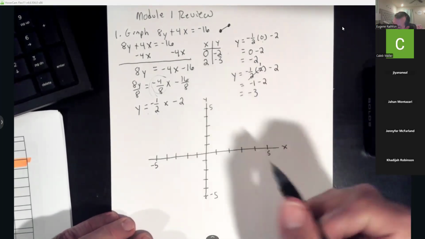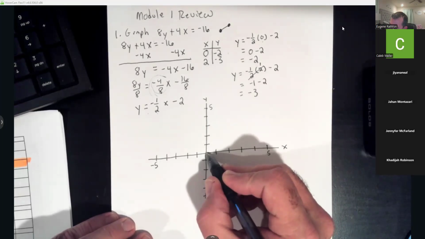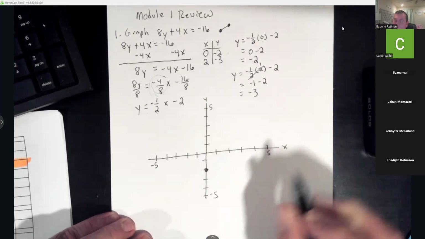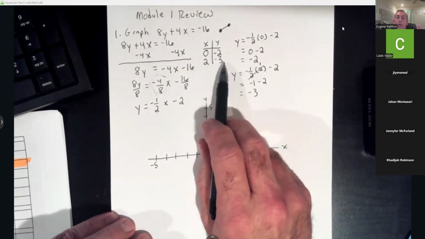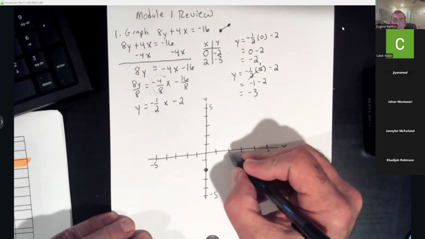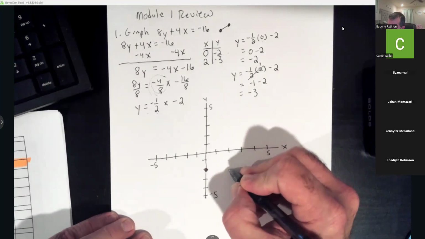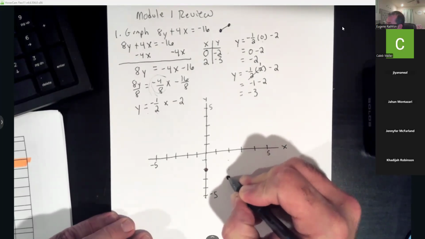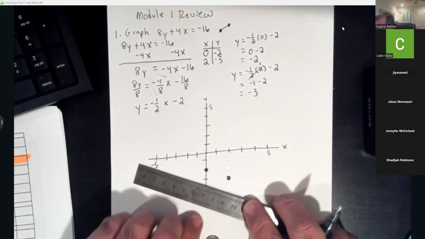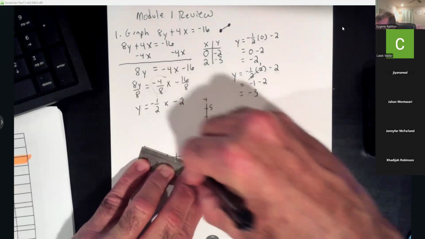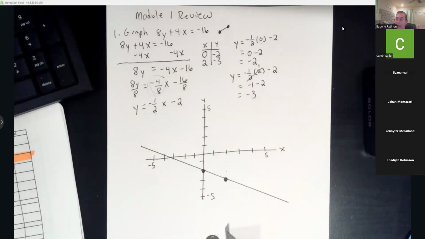So y'all, 0, negative 2: 0 on the x-axis, and then go down to negative 2 on the y-axis. And then my second point, 2, negative 3: go right 2 on the x, and then go down 3. So 1, 2, 3. Oh yeah, at that point, once you got the 2 points plotted, MathLab will come in and draw your line.